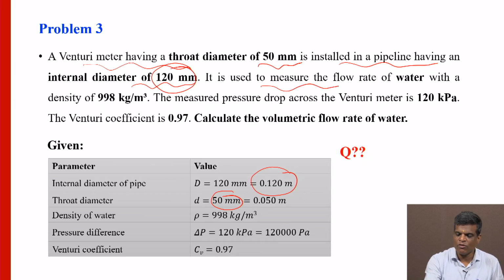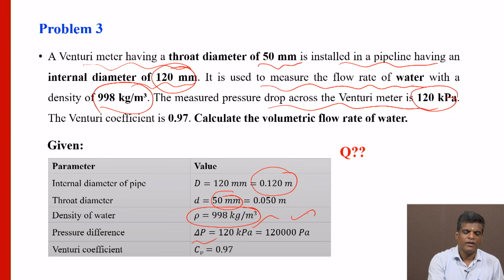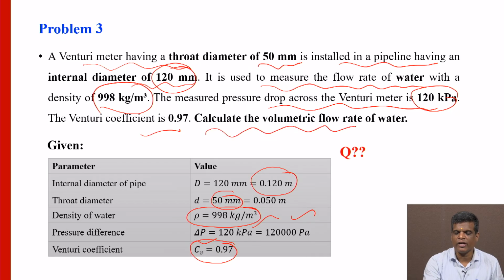It is used to measure the flow rate of water with a density of 998. The pressure drop across the Venturi meter is 120 kilopascal, converted into pascal, and the Venturi coefficient Cv is 0.97. They are asking to calculate the volumetric flow rate of water, the Q value, which you have to find.